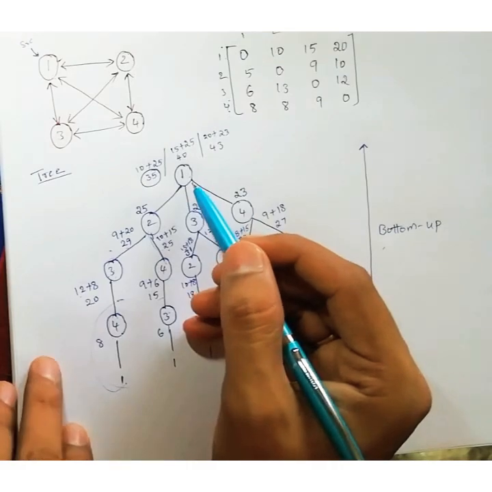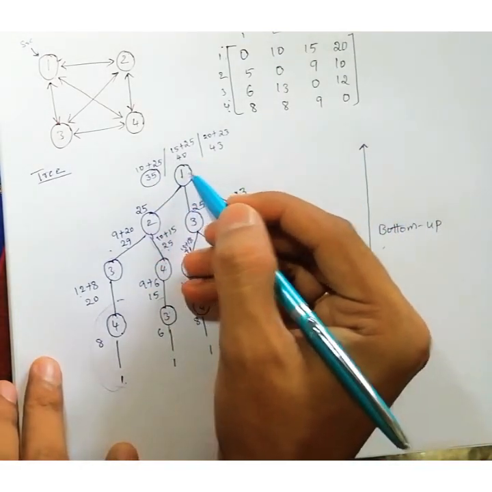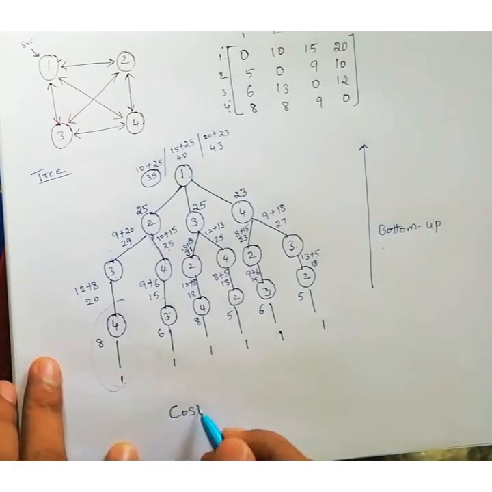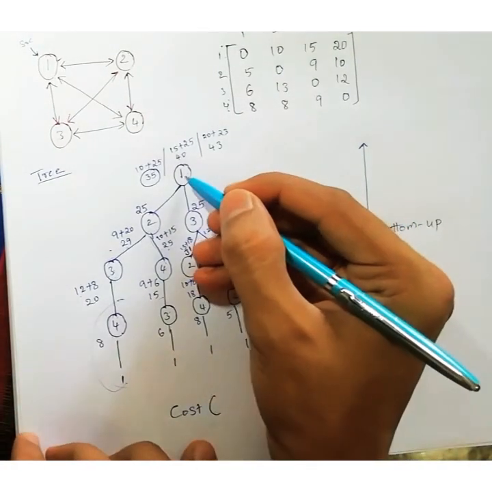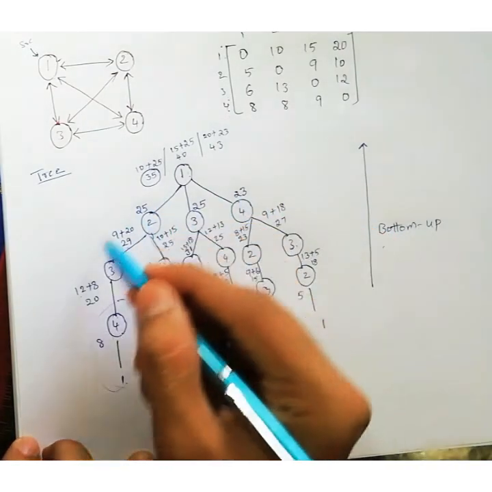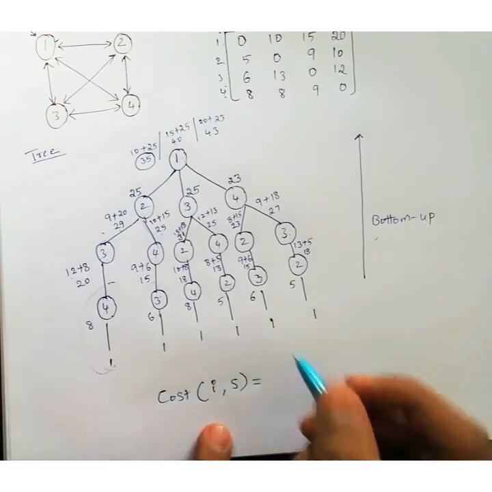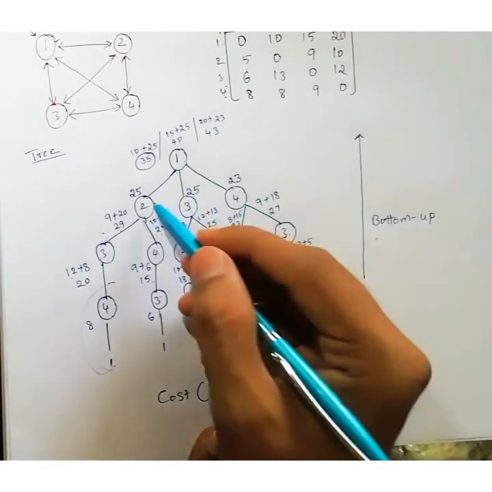So, what is the general formula for all these? Just consider here. Here I am finding cost of, first I took 1. So initially, in general, I to all these subsets. Cost of I, S is equal to minimum, because in these we are taking the minimum one.